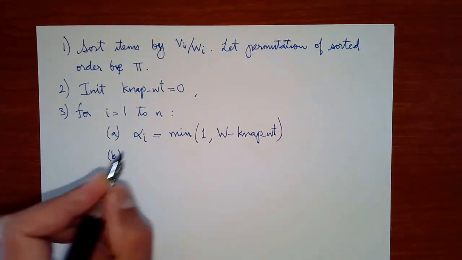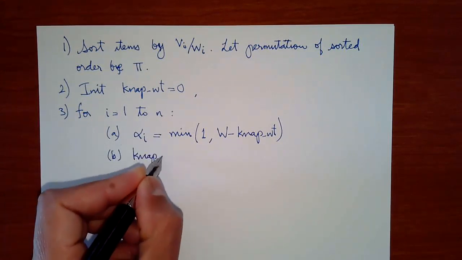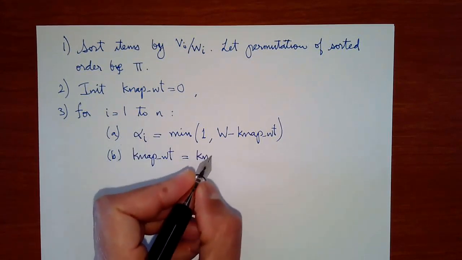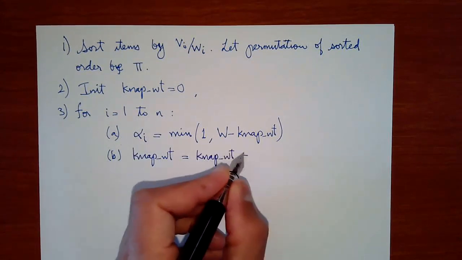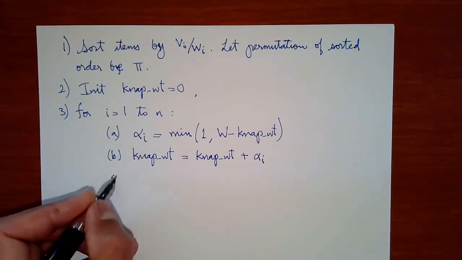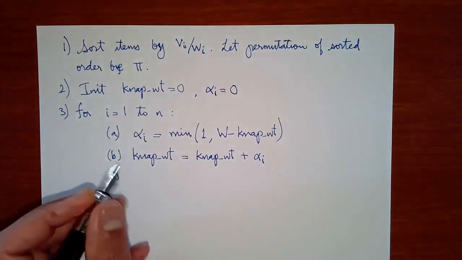All right, so I set alpha i to be that. I set the knapsack weight to be whatever it was before, plus alpha i. I should initialize all alpha i to 0.